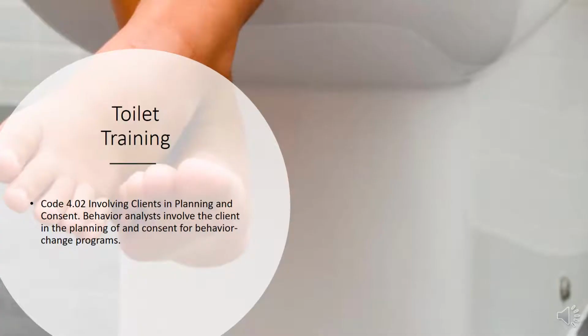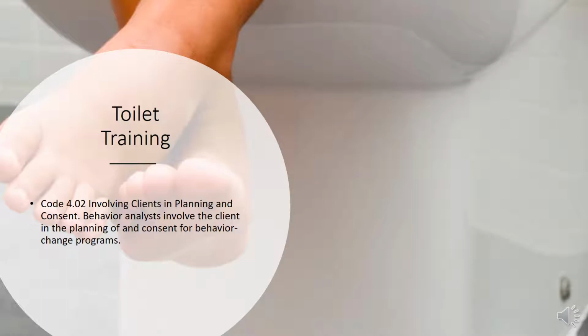So with that, we have toilet training. Similarly to feeding, pediatric toilet training is another topic which BCBAs can and most likely will encounter with their clients, because toilet training is so intensive and it takes a lot of preparedness.